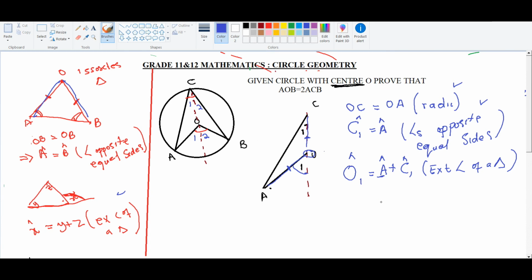How do we remove that one? We said A is equal to C1. So in the place of A, you can write C1, plus C1. So this is equal to 2C1.